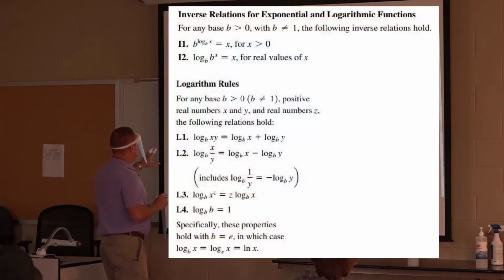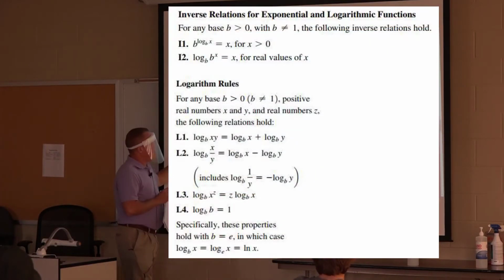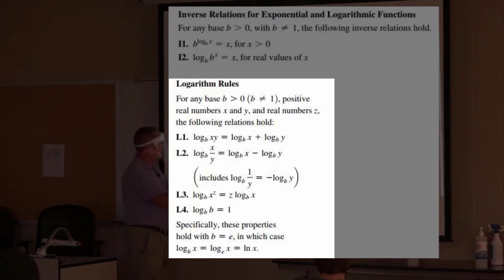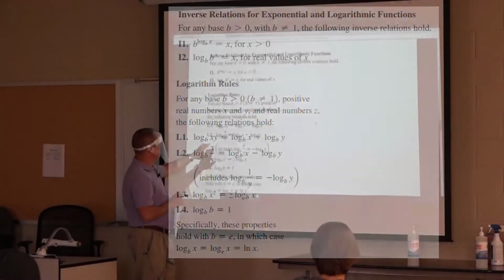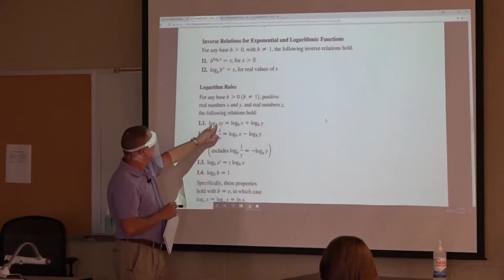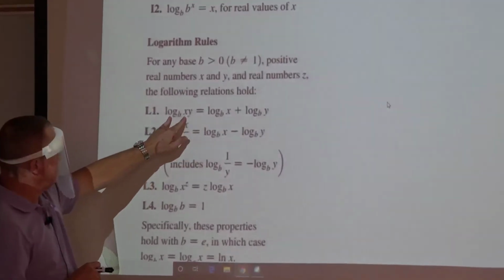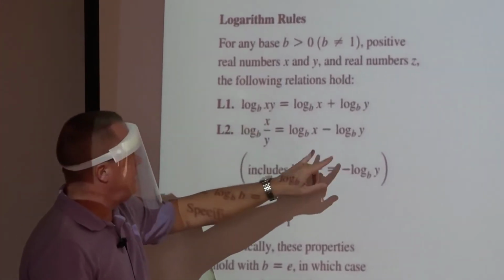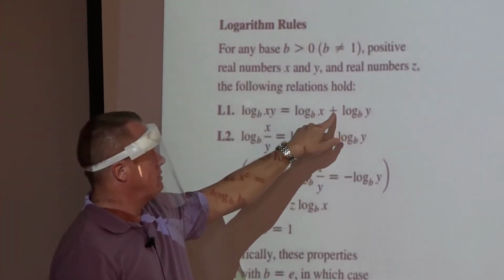All right, these are properties you really need to remember with logs. Anytime logs come up in problems, normally these are what you're going to use as far as doing the calculus or whatever you're trying to do. So just notice here you've got a single log of a product. You can write that as two logs with a sum.